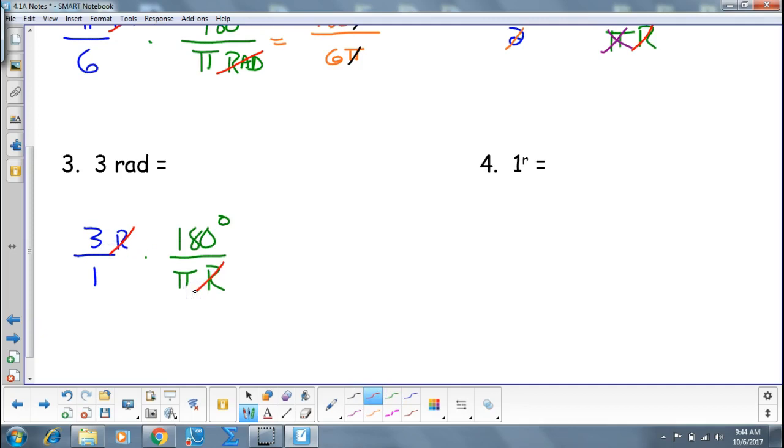And then this would just be, what is that? That's 540 over pi degrees.